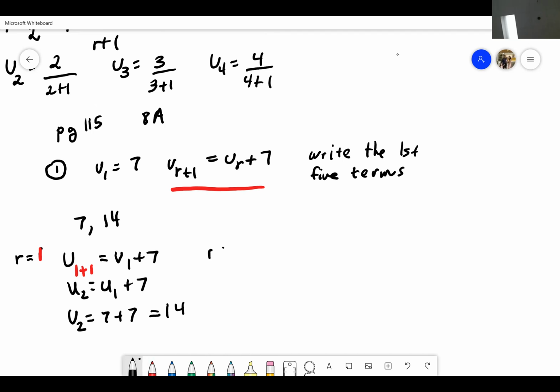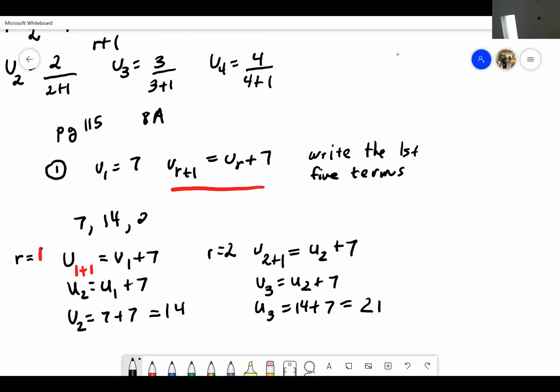Now for r equals 2, u of 2 plus 1 equals u of 2 plus 7. u of 3, therefore, is u of 2 plus 7. But u of 2 is 14, and 14 plus 7 is 21.